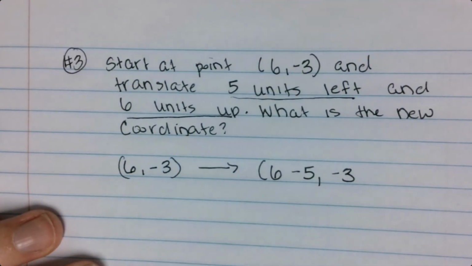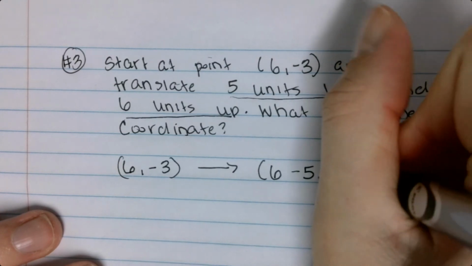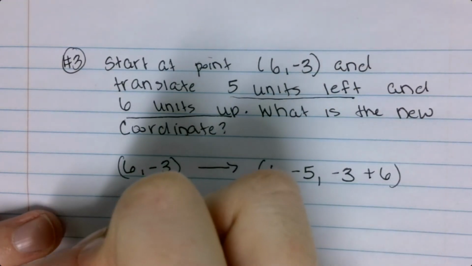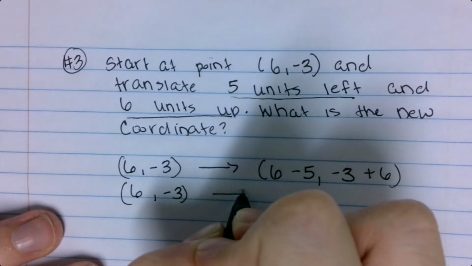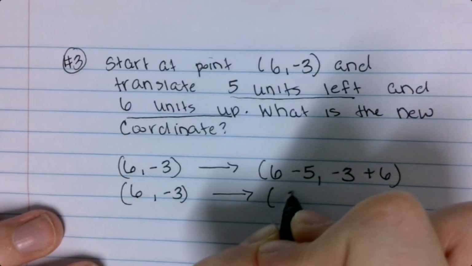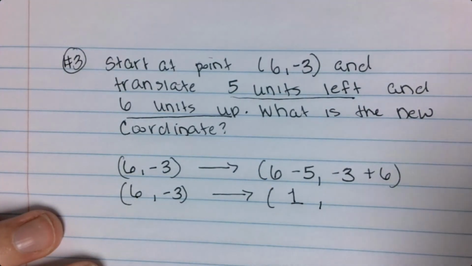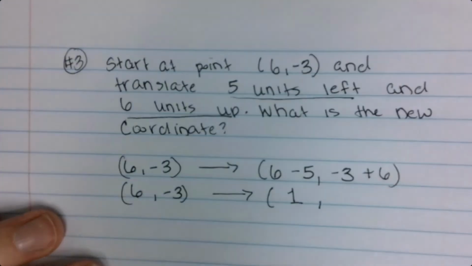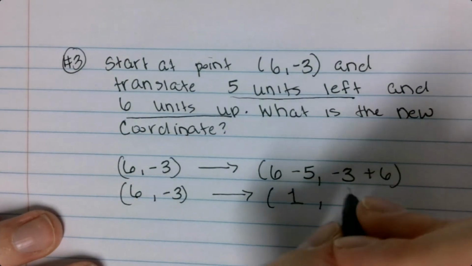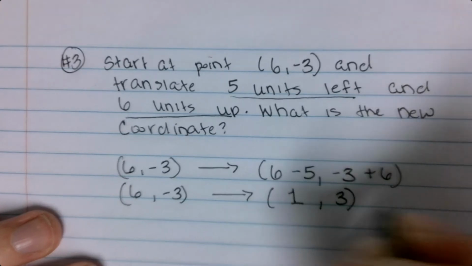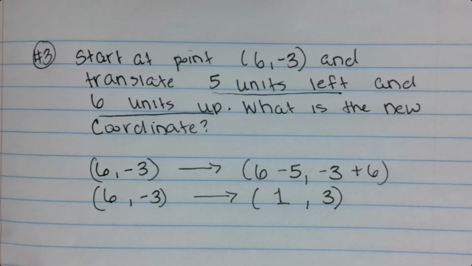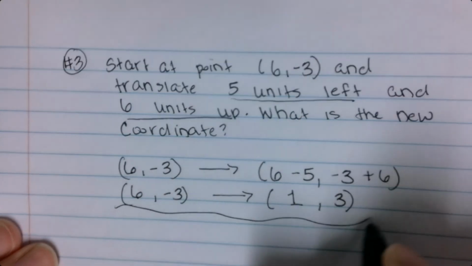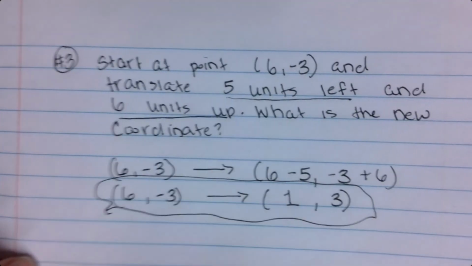So is that plus 6 or minus 6? That is plus 6. So then our final answer, right, because we want it to just be one number, 6 minus 5, well, that's easy. That's just 1. Negative 3 plus 6 is a little bit more difficult, but that is positive 3. So my final answer, my new coordinates here would be 1, 3, and 6, negative 3.